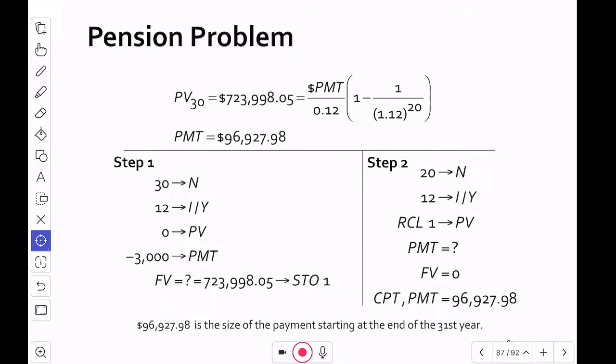I stored it and I recalled one here, but I said to make it a negative, so let's put that as a negative here, so that this one comes out positive. If it comes out negative, it's fine too. You just don't write that down. You just write down the value and say that's the size of the payment starting at the end of the 31st year.